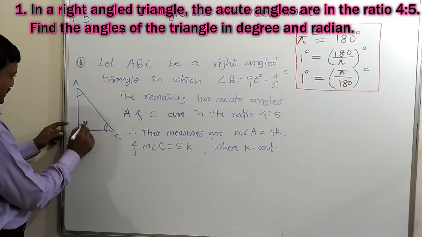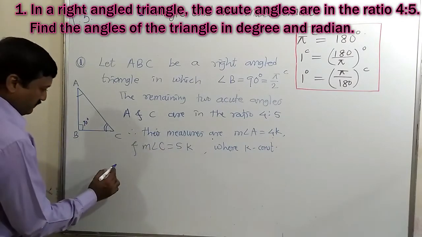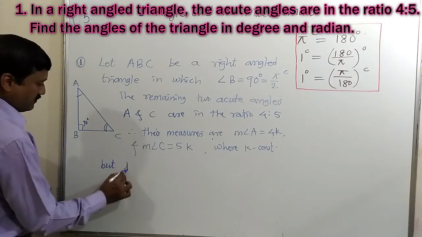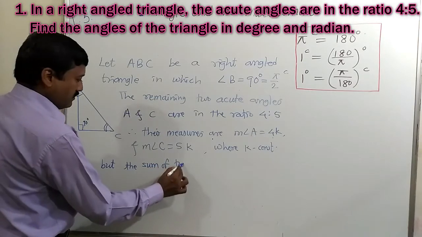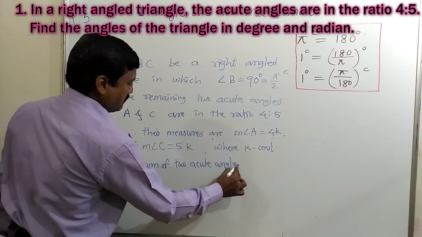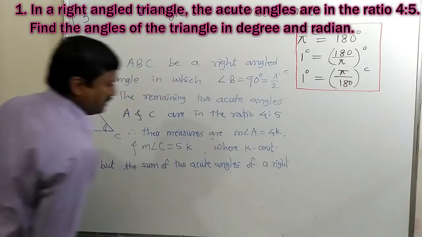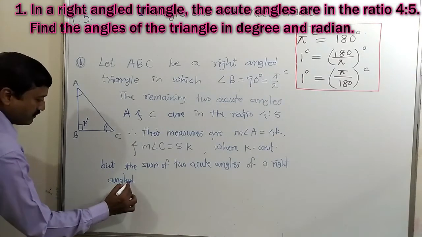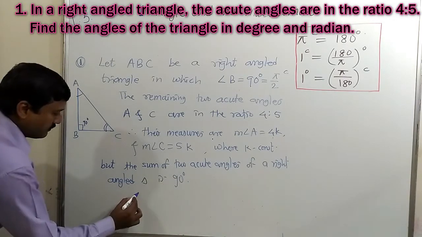The sum of the two acute angles of a right angle triangle is 90 degree.